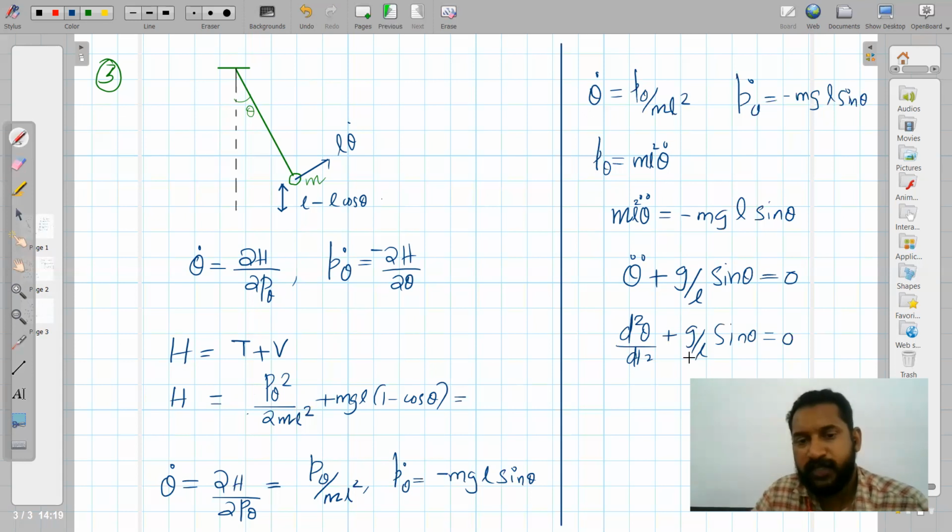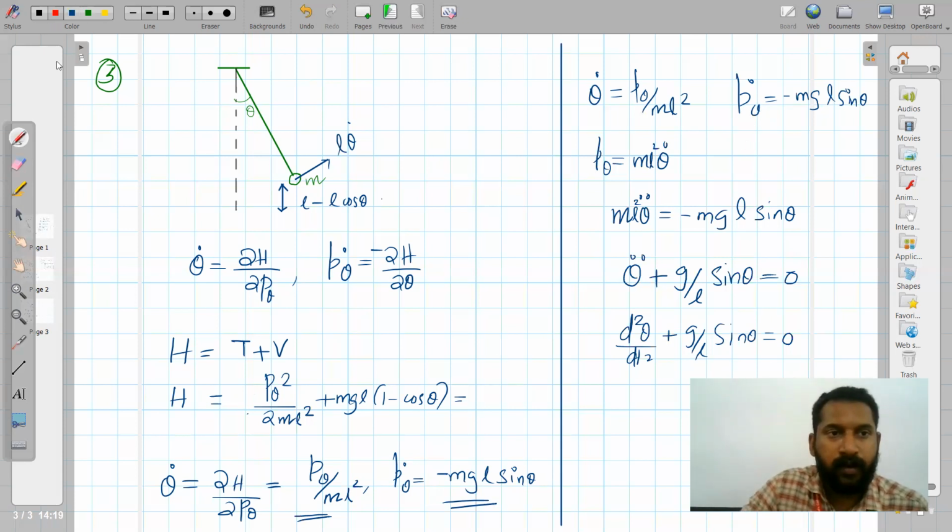In the last few steps, the Hamiltonian formulation is over, but what I tried to prove is that the Hamiltonian is mathematically equivalent to the Lagrangian. Here, there are two first order differential equations instead of a second order differential equation. I hope you understood the difference between the three approaches.